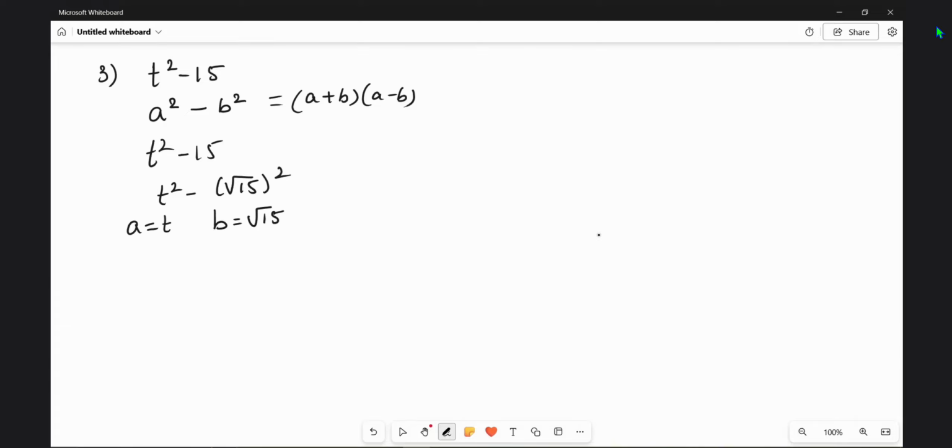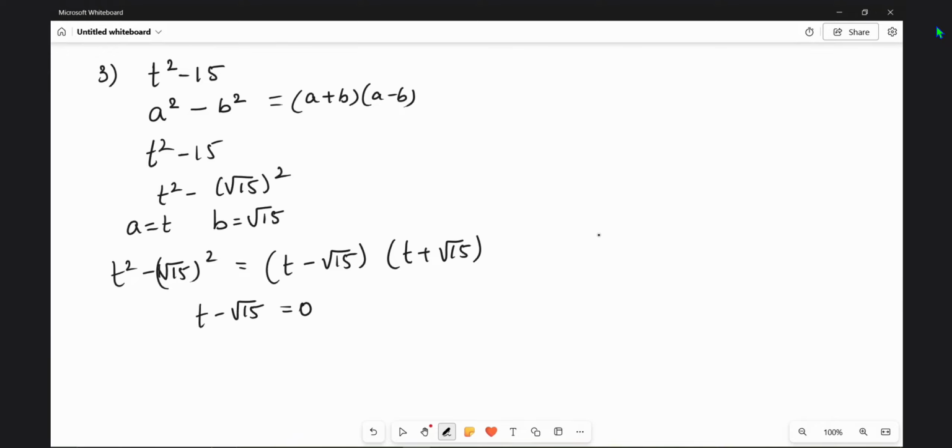Okay. So t square minus root 15 whole square, I can write it as t minus root 15 into t plus root 15. So t minus root 15 is equal to 0, then t is equal to root 15, as minus will become plus when there is a transpose.